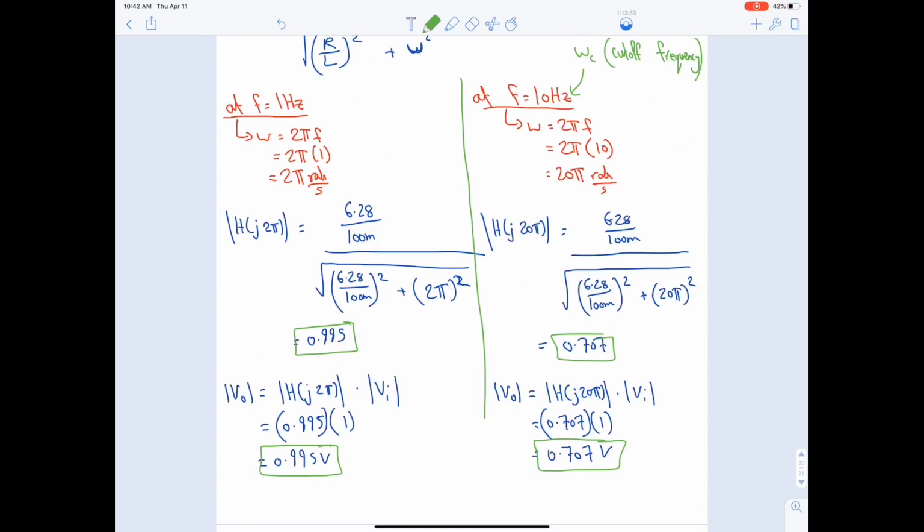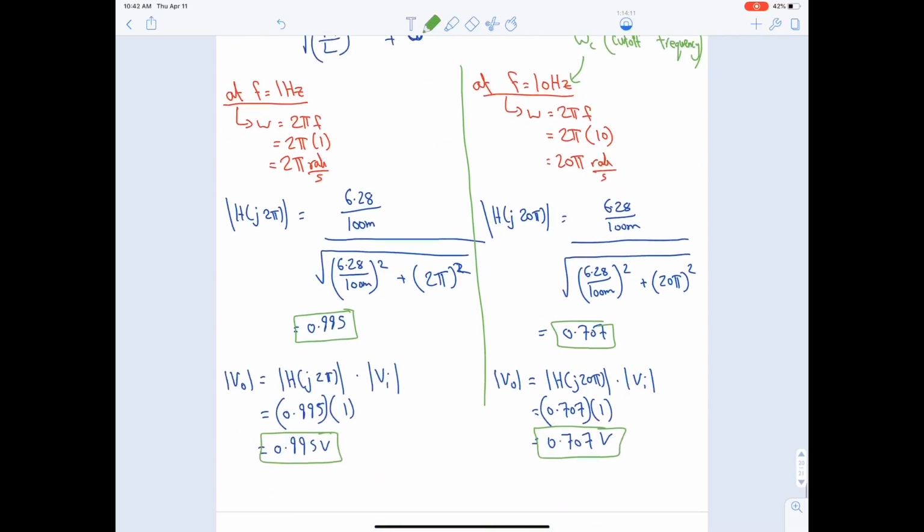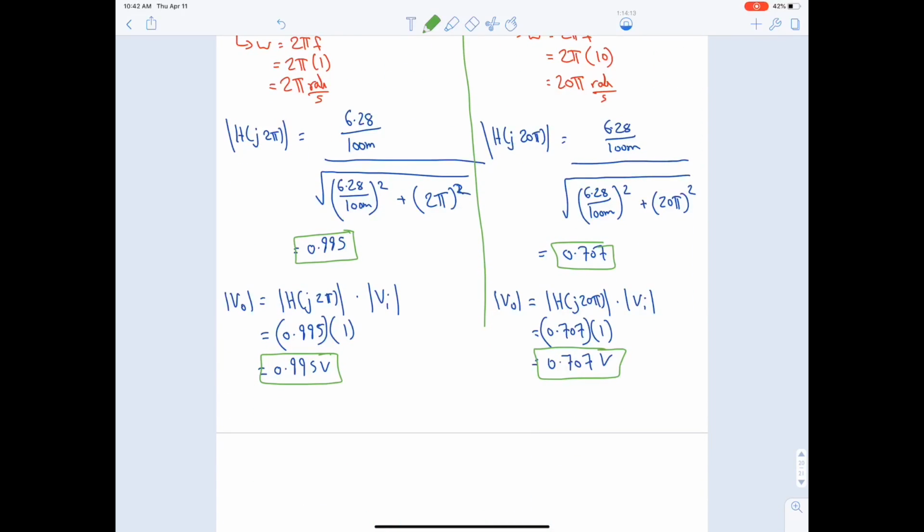And we know that the magnitude at the cutoff frequency, omega c, is always equal to H max over root 2. We know that H max is 1.